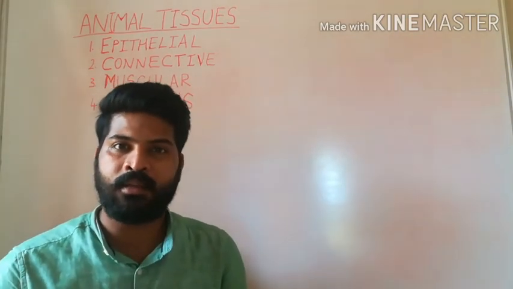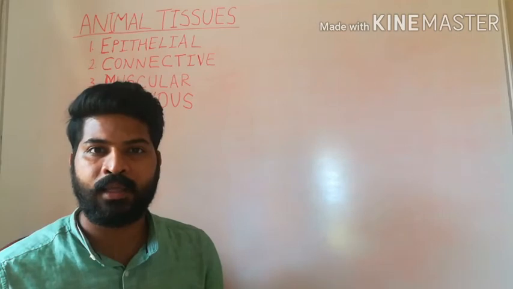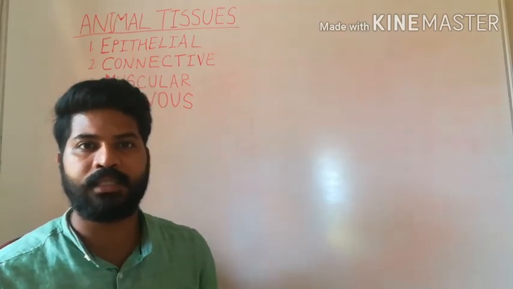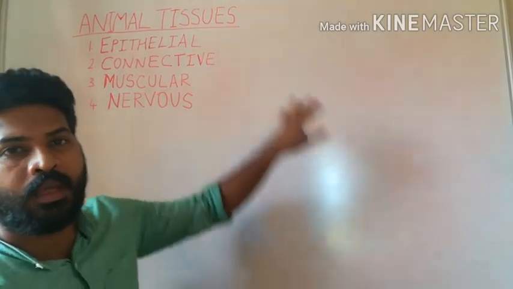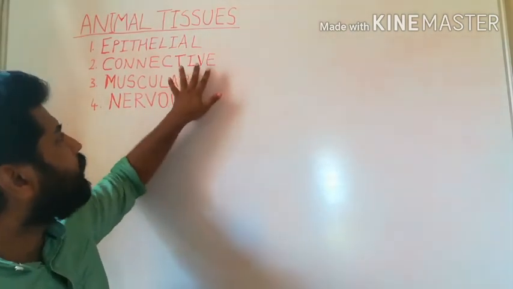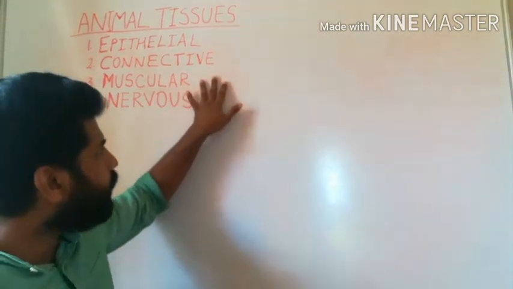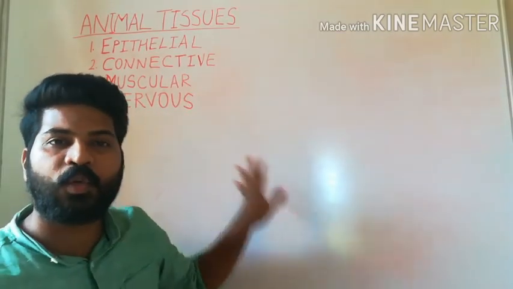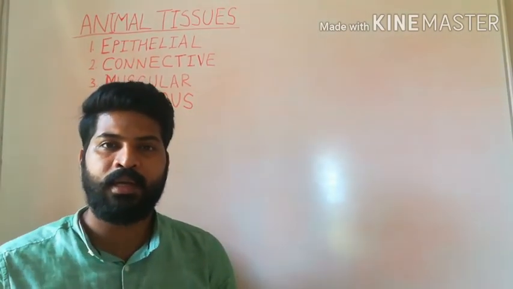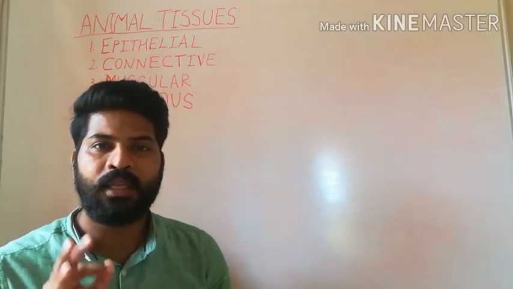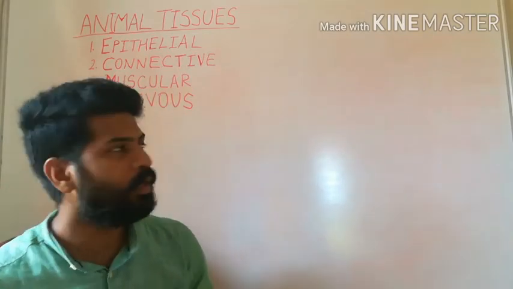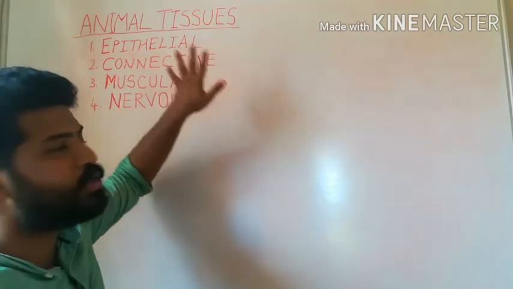So in general, we can classify the tissues in animals into four main categories: epithelial tissues, connective tissues, muscular tissue, and nervous tissue. We will discuss this briefly in three important heads. Take for example epithelial tissue.